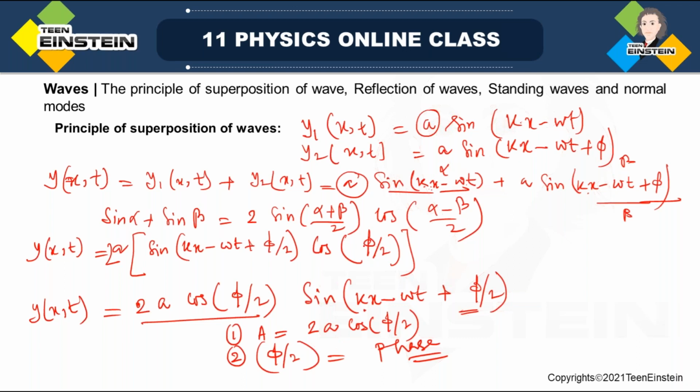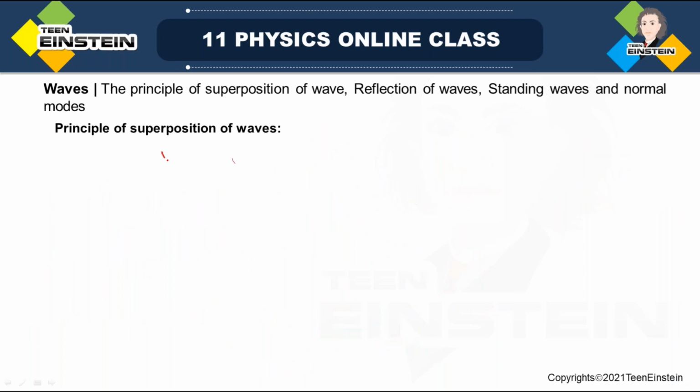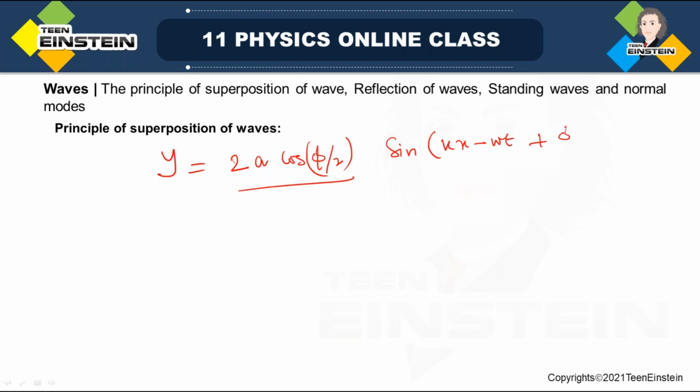So upon overlap, what is the amplitude? Now I'll write the resultant. Resultant is 2a cos of phi by 2. This is the amplitude term and this is the propagation term, or the time varying function, kx minus omega t plus phi by 2. I have discussed what the changes are, in the phase angle and in the amplitude.